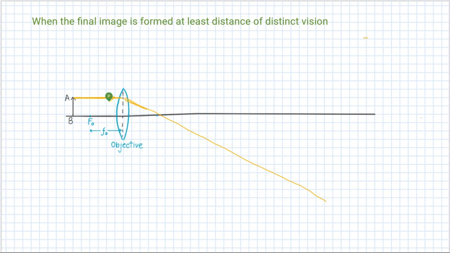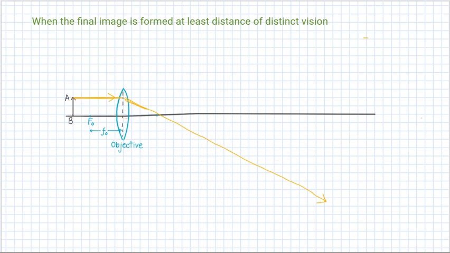Always draw the arrows. Always show in which direction your light is moving. Now consider a second ray. Let us consider it passes through the optical center of this objective.